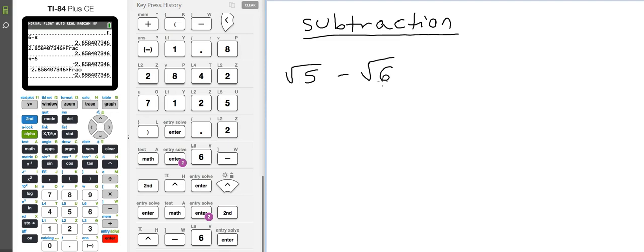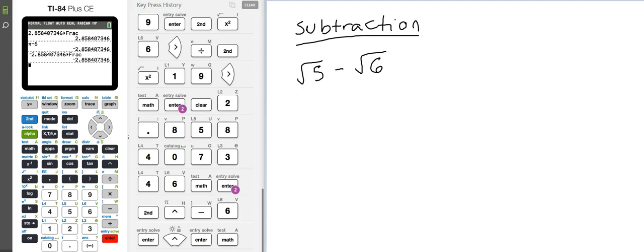Square root of 6 is also irrational. Let's try it on the calculator to see what happens when we subtract the square root of 6 from the square root of 5.